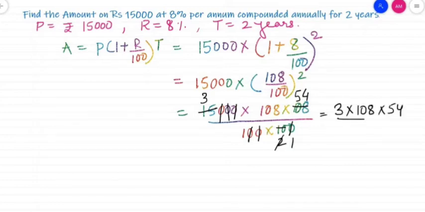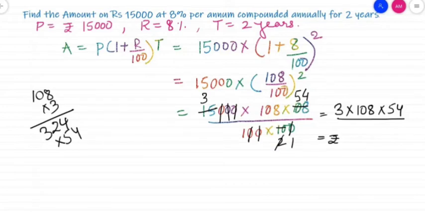So whatever we will be getting out of this will be the amount. Okay, let us see how much is 3 into 108 into 54. So 108 into 3 will be 324. Now multiplied by 54. So 4 4s are 16, 4 2s are 8 and 1 9, 4 3s are 12.